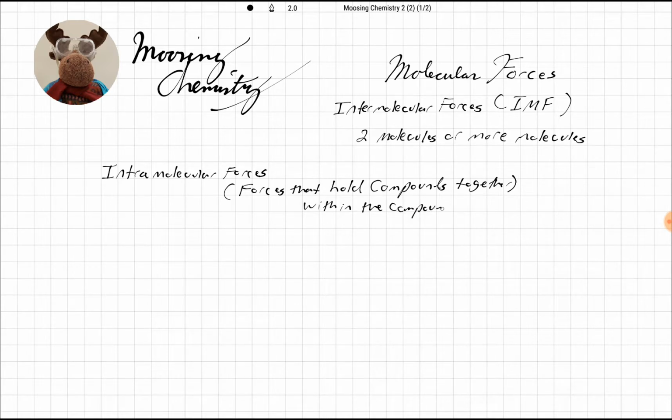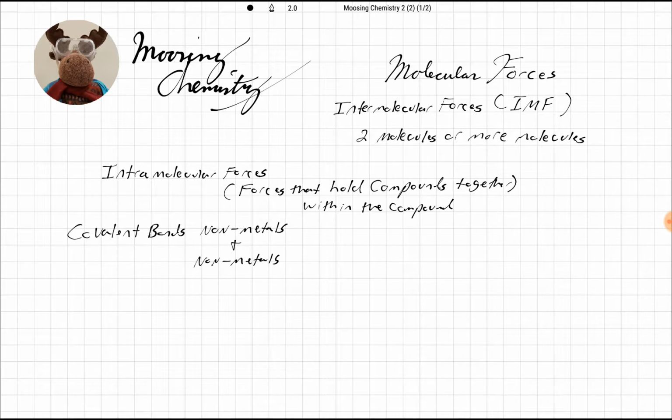Now, one of those forces is what we call covalent forces. A covalent force, or a covalent bond, as we would call it, covalent bonds, of course, are between nonmetals and nonmetals. And that's very, very important to remember.